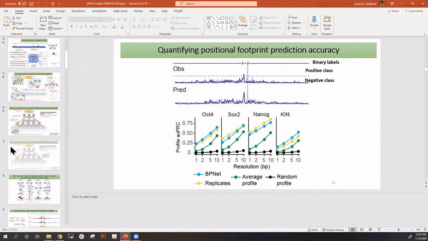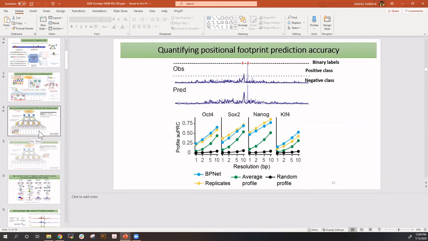Yeah, if you set it up as one loss, then you get basically one prediction. And obviously the model's performance collectively on the profile and the counts is not that great. First of all, you wouldn't know that the model is able to make predictions on the profiles as accurately.